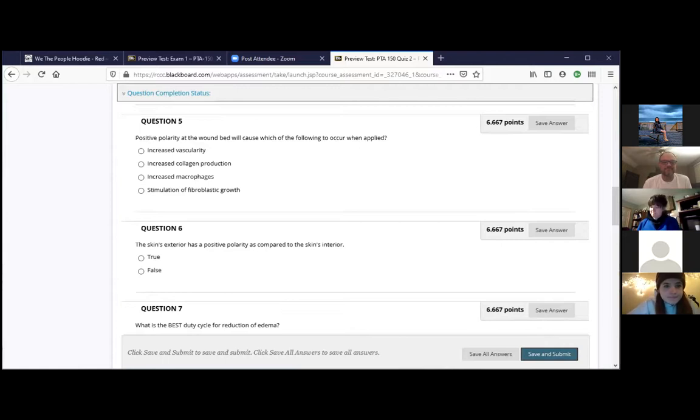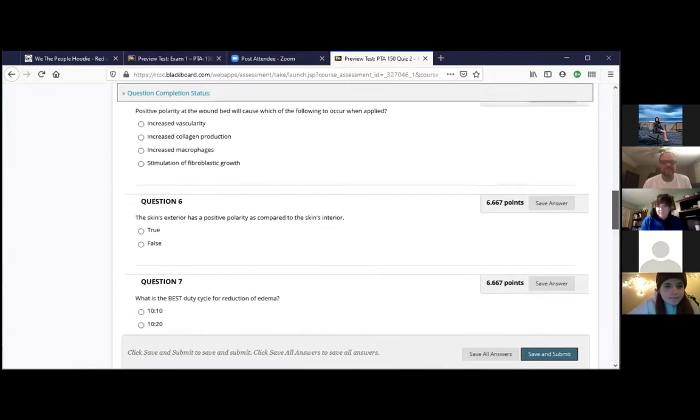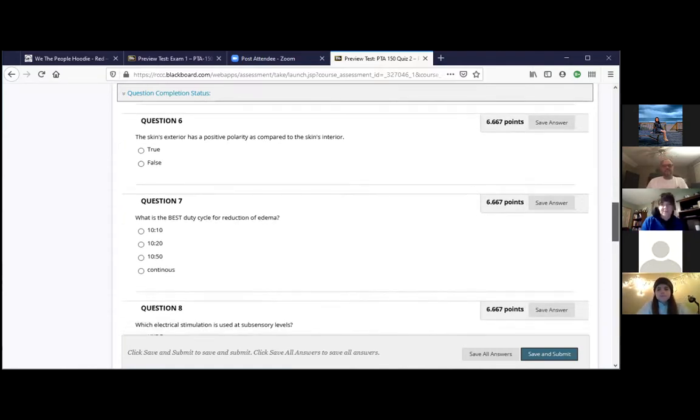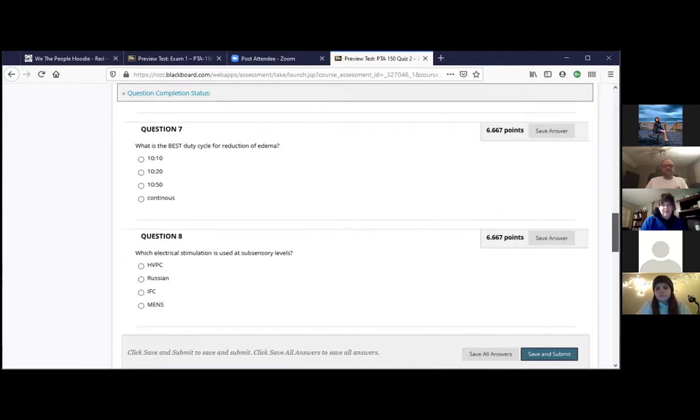Okay. All right. Oh, the skin's battery. Negative on the outside. That's false. Negative on the exterior. That would be false. Correct. All right. That on-off cycle for edema. I think we talked about this already tonight. Yep. 1 to 1, 10 to 10. Good.